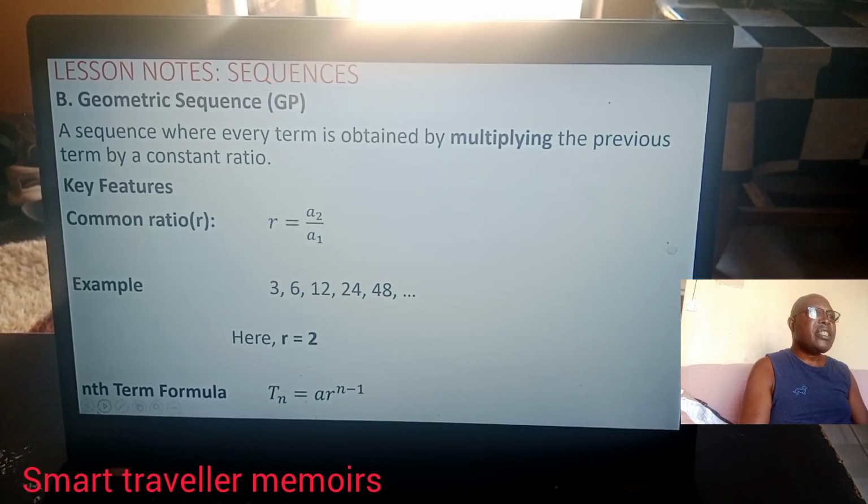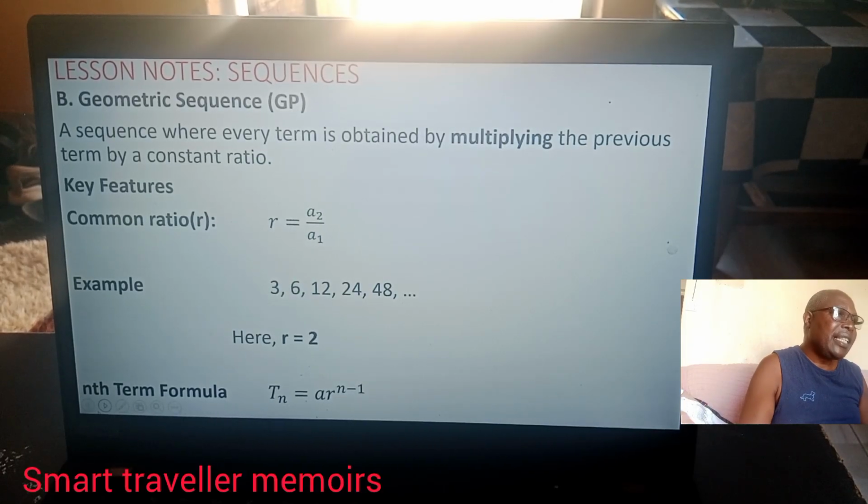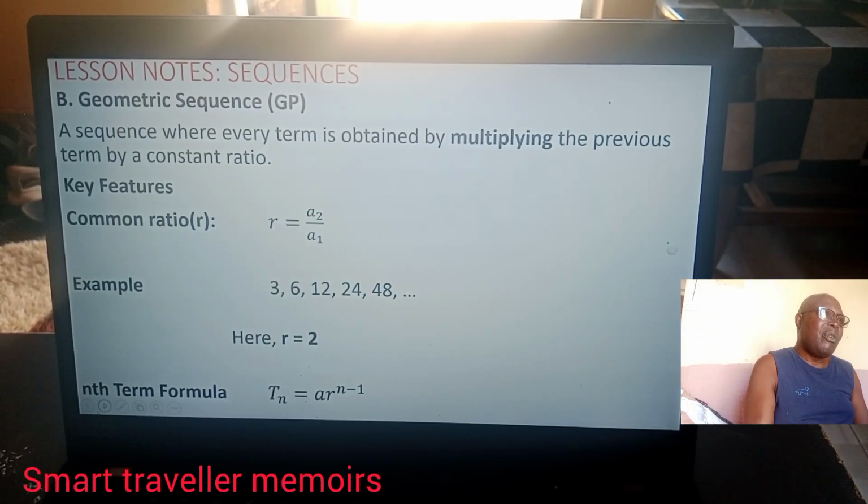And the key feature of a GP is the common ratio, which is got by dividing consecutive terms. If you have the first term and the second term, you divide the second term by the first term. And it is abbreviated r, common ratio.